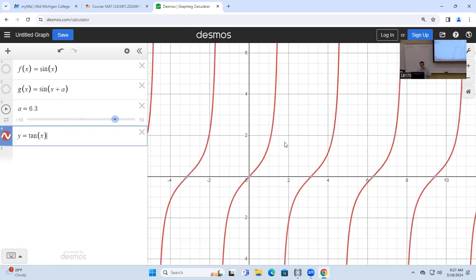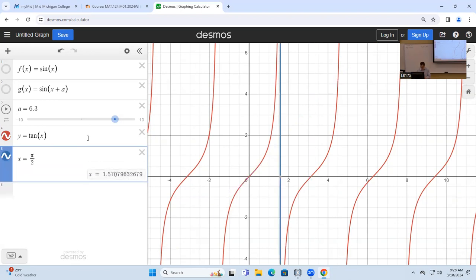y equals tangent of x. If I do y equals tangent of x, notice that, again, we go through the origin, but what happens is we get, well, essentially a lot of asymptotes, right? If you look at where these asymptotes are, they're at pi over 2.